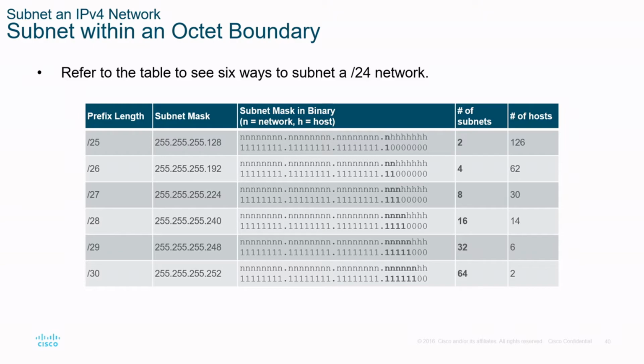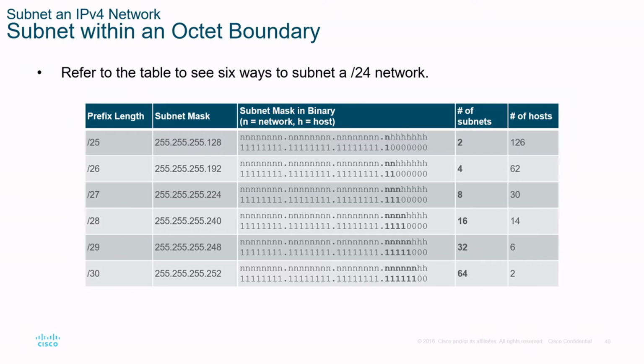I now created 4 networks, but I also shrunk my 8 to 6. So now I got 2 to the 6 minus 2, should be, how many? 2 to the 6, 62 usable hosts, 4 networks.